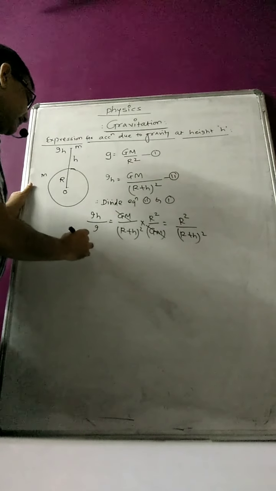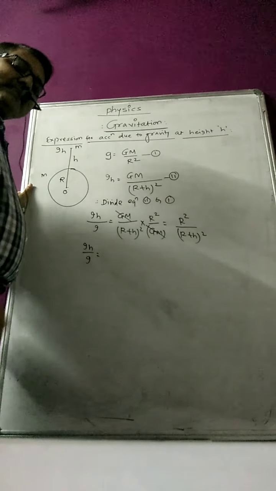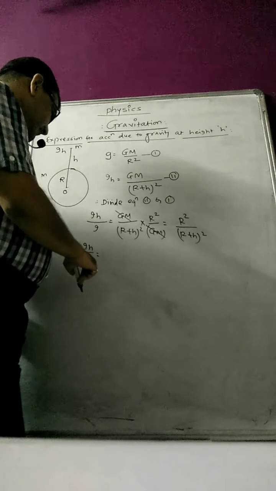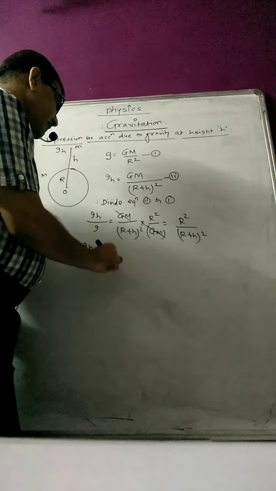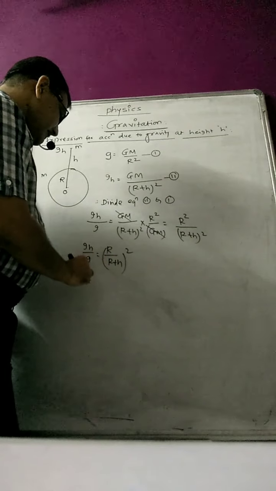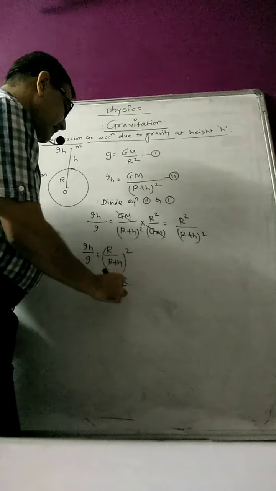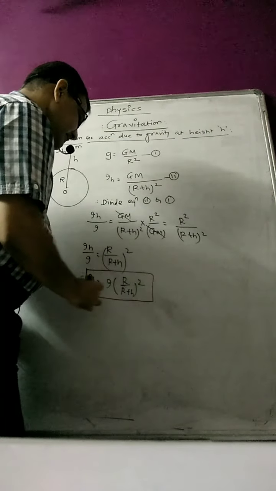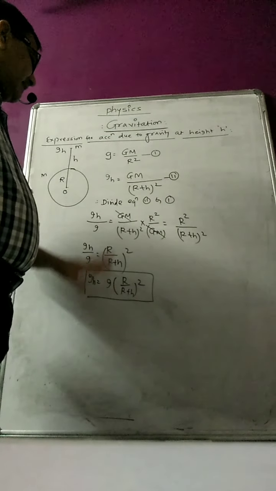Or we can say gh by g, that is acceleration due to gravity at a particular height divided by acceleration due to gravity on the surface of earth, is equal to r upon (r plus h) whole square. Therefore gh is equal to g into (r upon r plus h) whole square. That is the expression for acceleration due to gravity at a particular height.